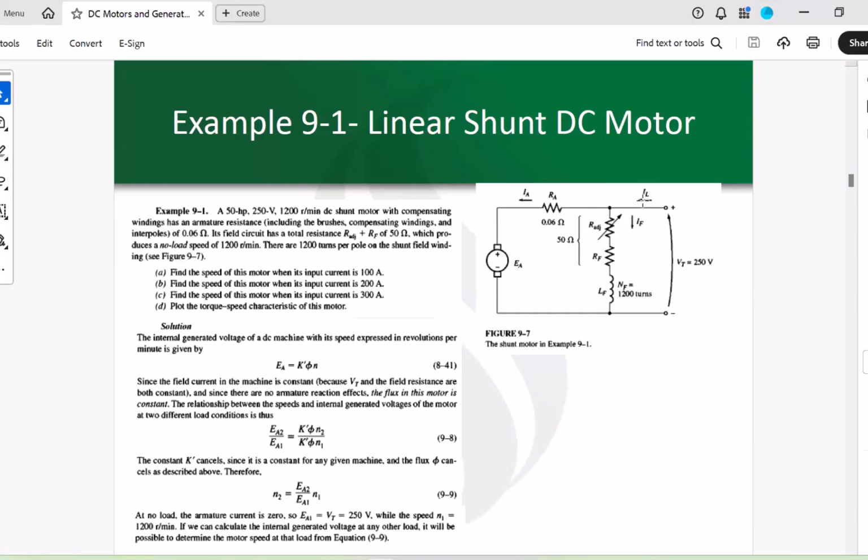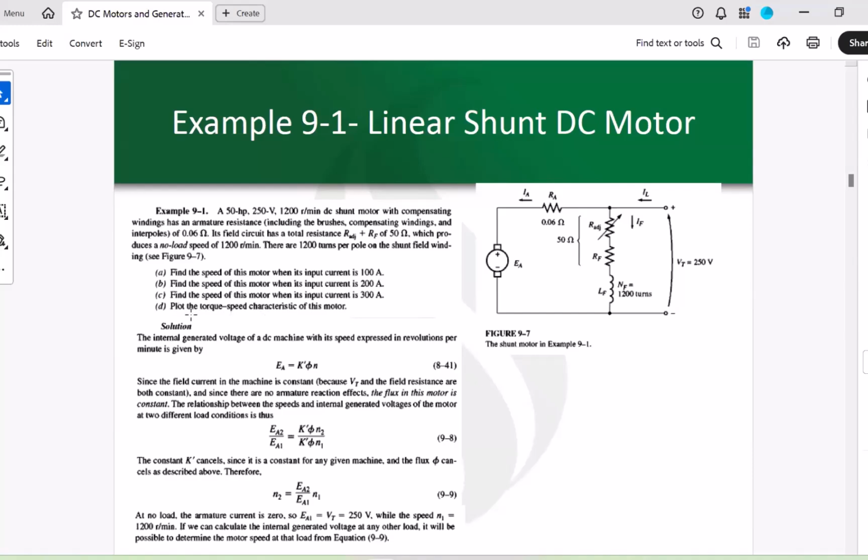As we are increasing IL, the load current, it means that we're putting more torque on the machine, so it would require more power from the source. That IL increases, and that should result in decreasing the speed of the motor. When you put more load, it should decrease the speed, and we want to see how that decrease happens.